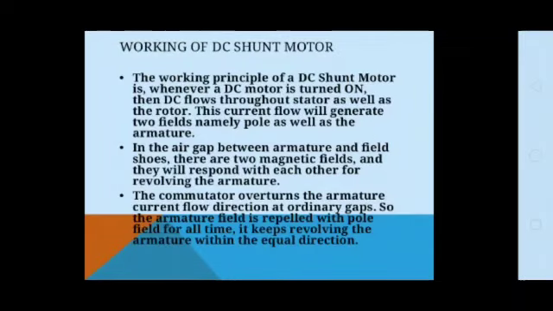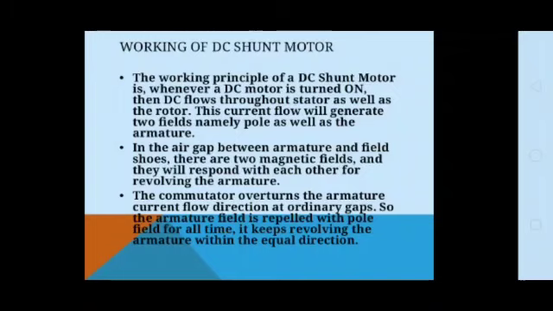Next point, working of DC shunt motor. The working principle of a DC shunt motor is that whenever a DC motor is turned on, the DC current flows throughout the stator as well as the rotor. This current flow will generate two fields, namely the pole field as well as the armature field.